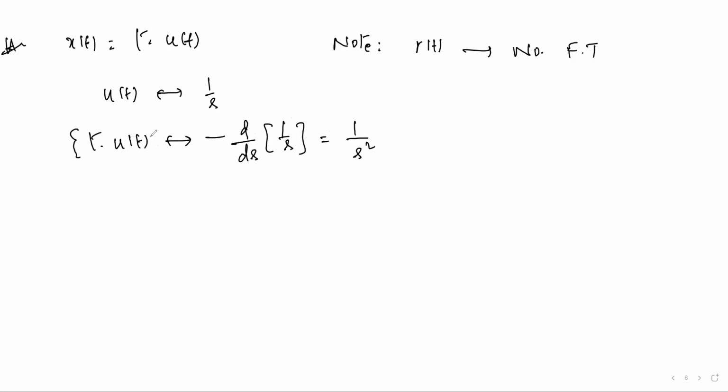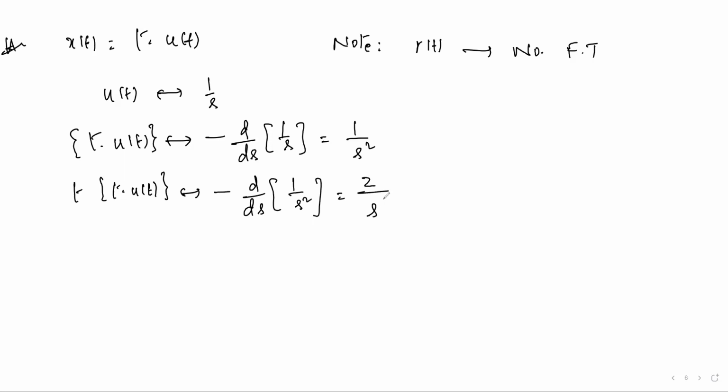For example, I am multiplying one more t here. That means minus d by ds of 1 by s square. That means minus 2 by s cube. Minus minus plus 2 by s cube. What is this? T square u of t, Laplace transform is 2 by s cube. One more t I am multiplying.